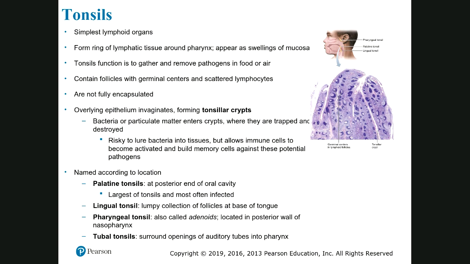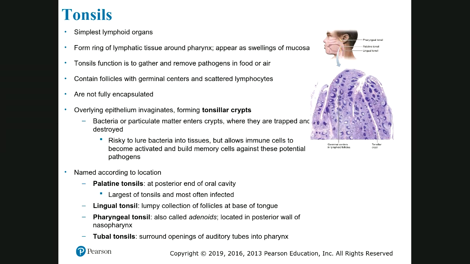They contain follicles with germinal centers, so we have some B lymphocytes on them, and they are not fully encapsulated. And we have invaginations of the epithelium, and we call that a crypt, a tonsillar crypt.